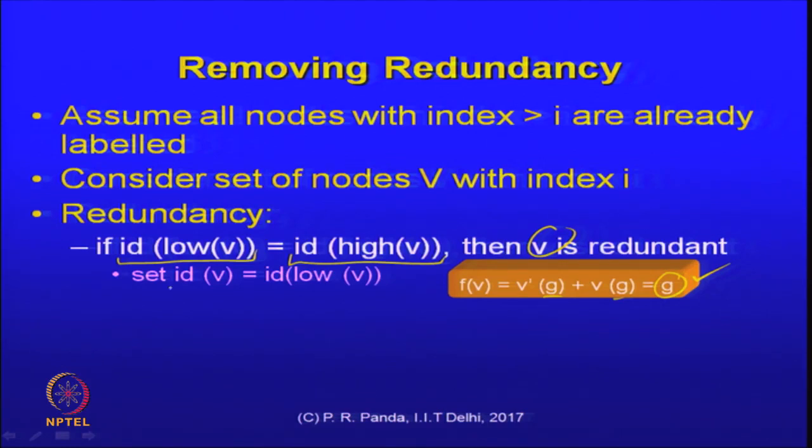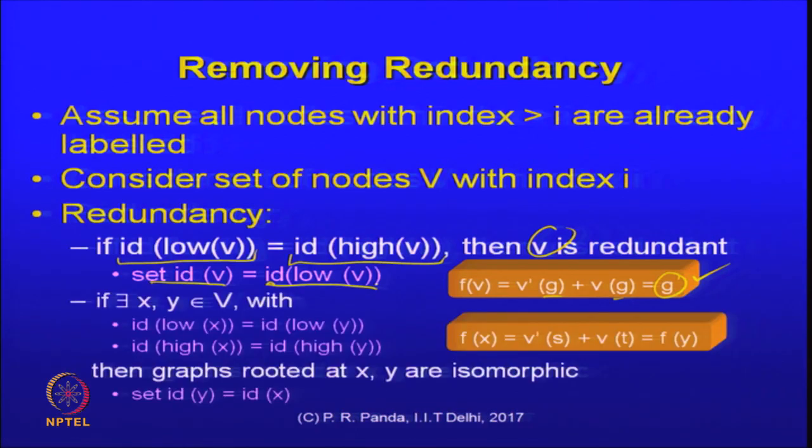So, how do you do that? Essentially in that traversal you just set the label for V to be the same as the label for one of its children, because it is the same function. Right. So, that is one redundancy, that is when that node itself is redundant.